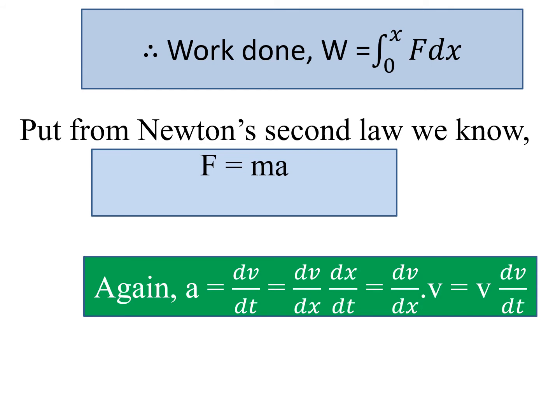Now dx dt, we know the rate of change of displacement with respect to time is called velocity. So finally we get v dv dx.